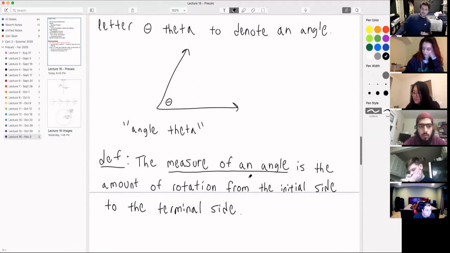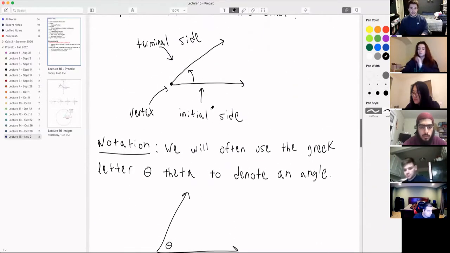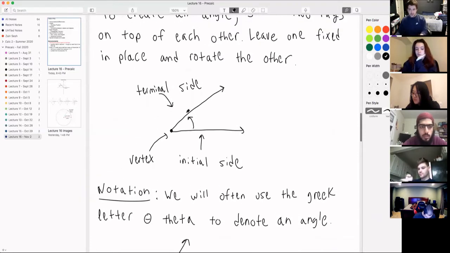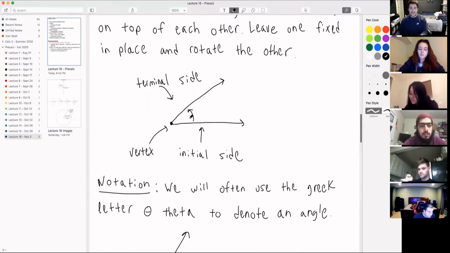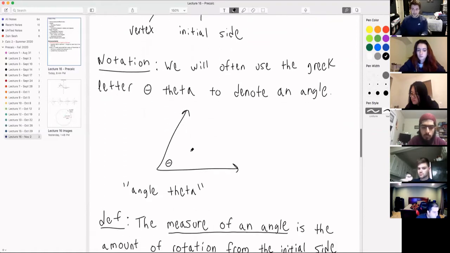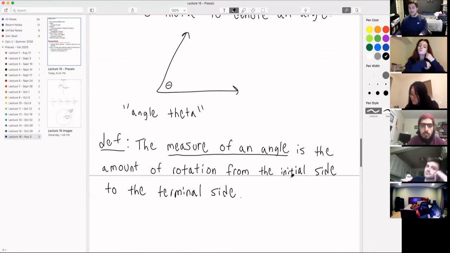Let me scroll up to where we created that angle with the initial side and the terminal side. The measure of this angle is going to be the amount of rotation that the terminal side went away from the initial side.